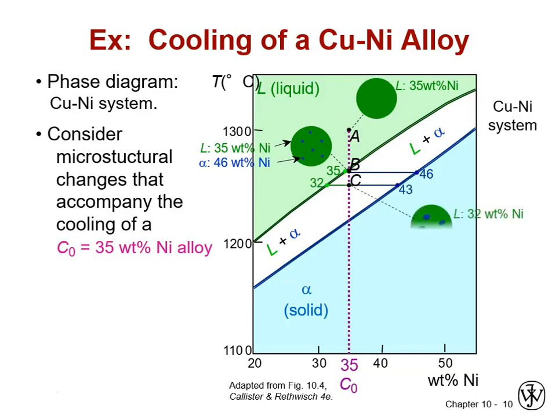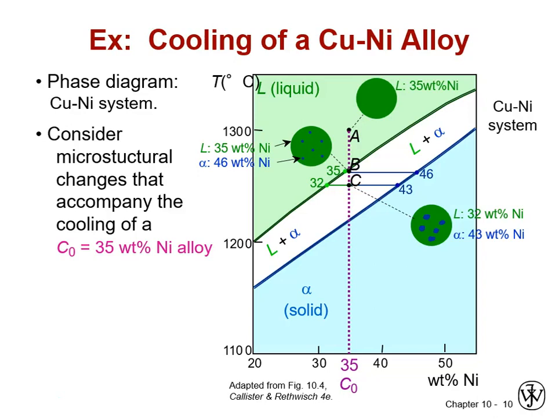So we cool a little bit more, and those precipitates grow. So our alpha solid is still floating around in the liquid, and it's growing. And you can see that the difference in the composition of the liquid versus the average composition of the solid, it's now growing apart. So the liquid is effectively becoming more enriched in copper.